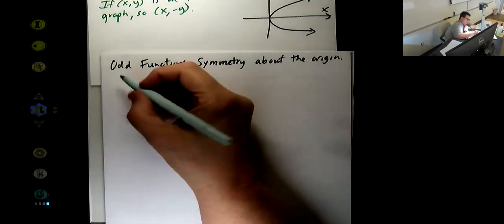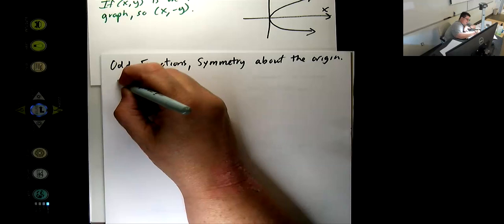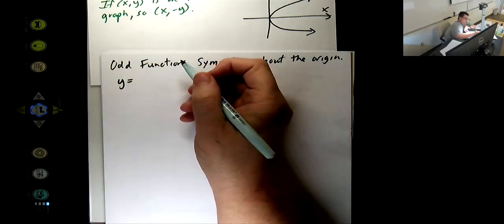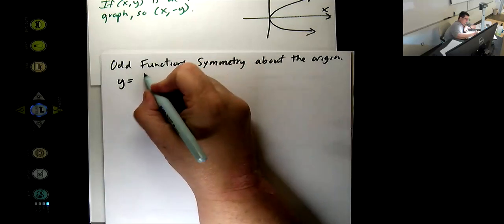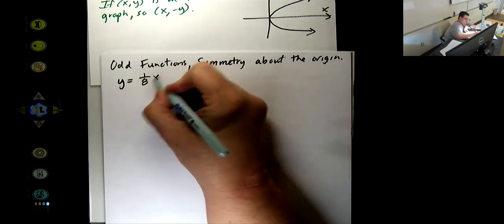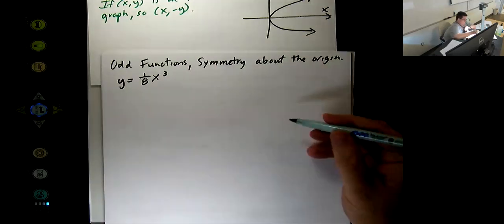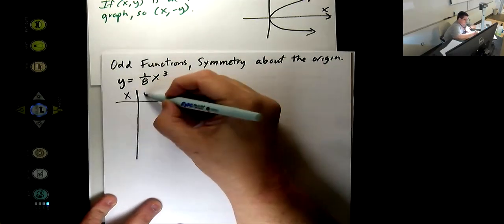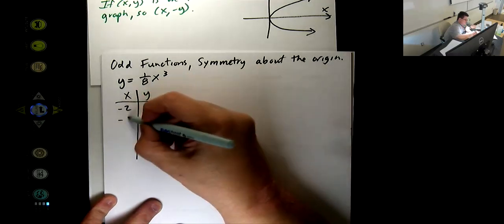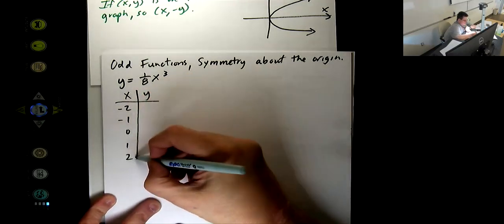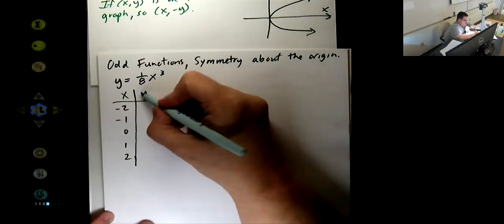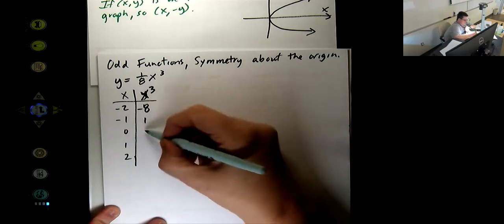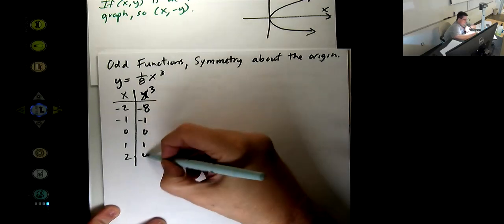So let's take a look at y equals, let's go with 1/8 x cubed. So x cubed would give us 8, -8, -1, 0, 1, and 8.